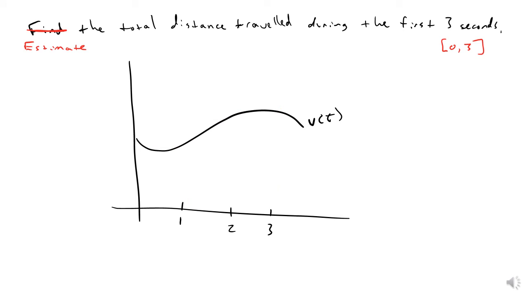All right, so we found the underestimate using the low point of each subinterval. We found an overestimate using the high point of each subinterval. Let me show you one more thing that you'll be doing in your homework for this section. You'll find an estimate using the midpoint of each interval.